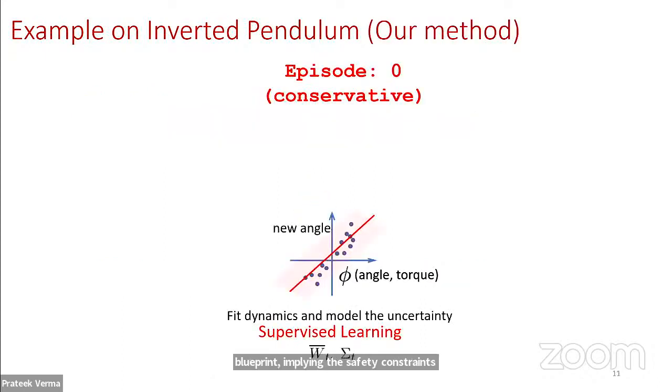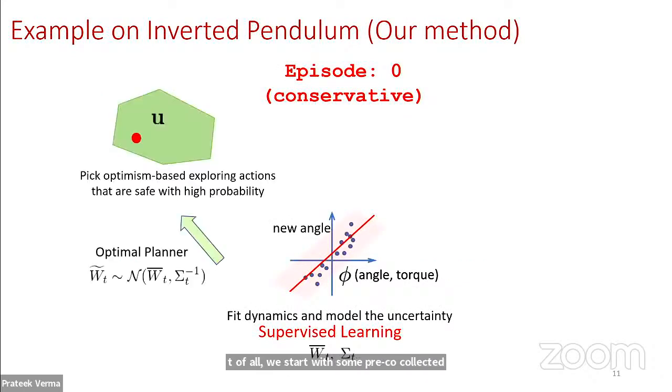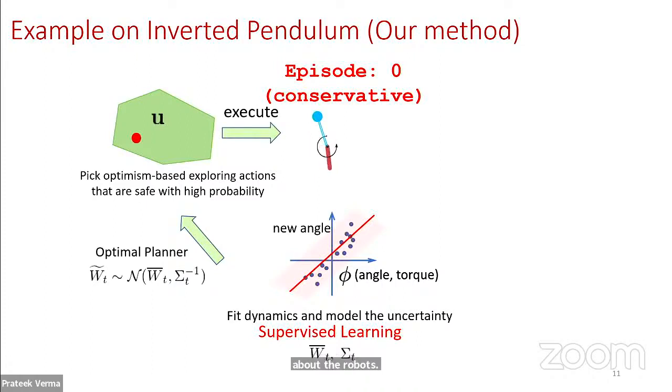And if we use our method, as we can see, first of all, we start with some pre-collected data, and then we use an optimism-based sampling method to get the linear mapping. At episode 0, because of the limited knowledge about the robot, the pendulum is suffering from a local minimum and not swinging up.